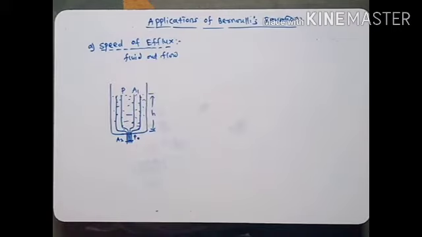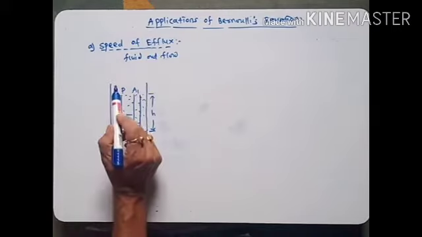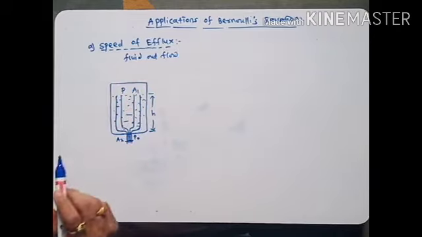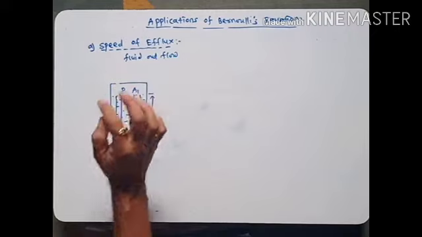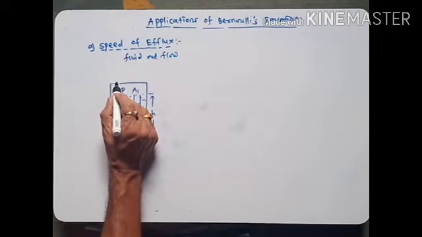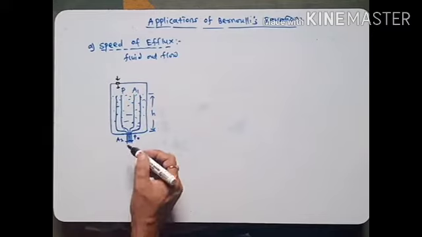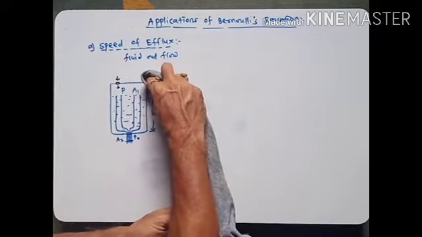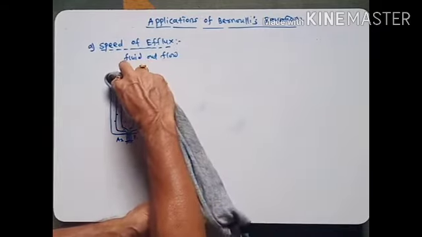And if we want to show the container closed, then we show one small opening through which air goes inside and fluid comes out. You can choose either.